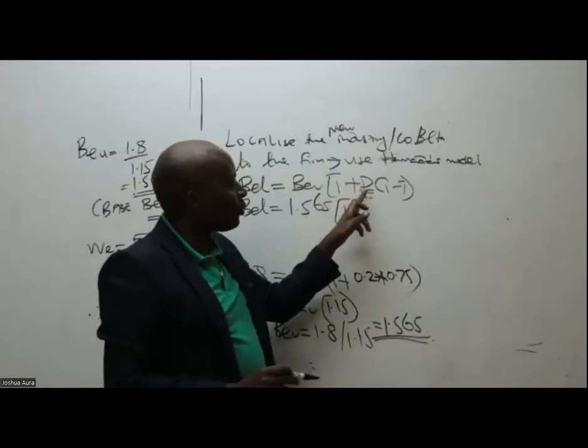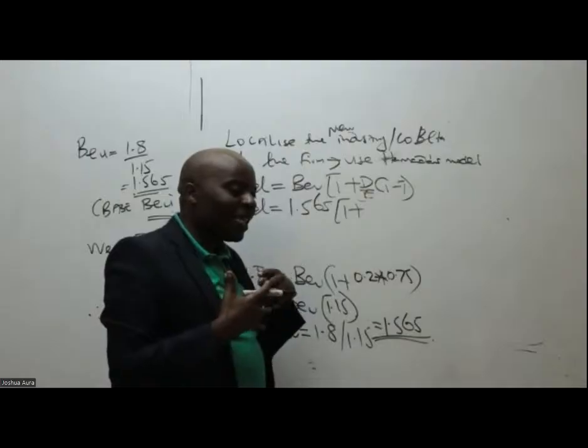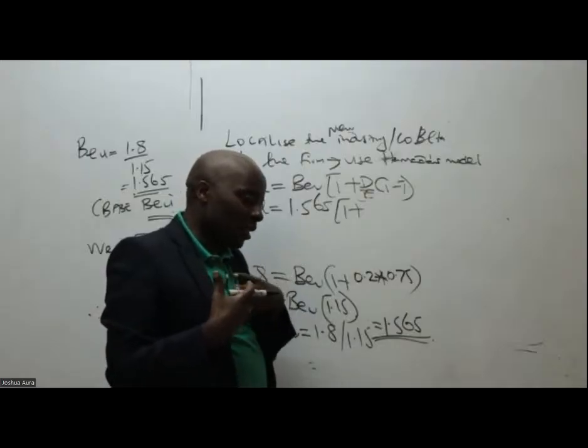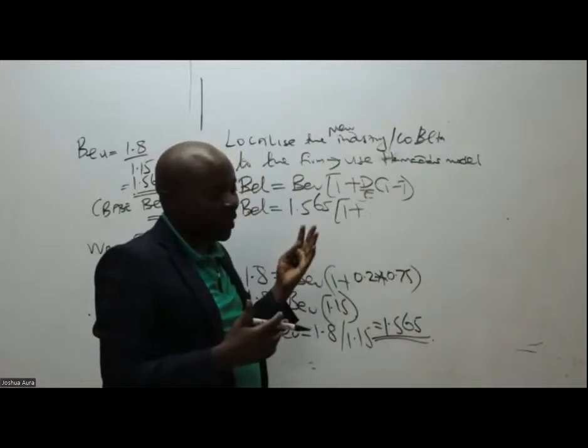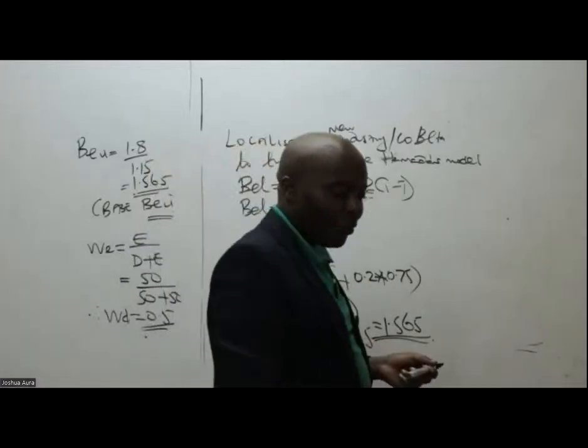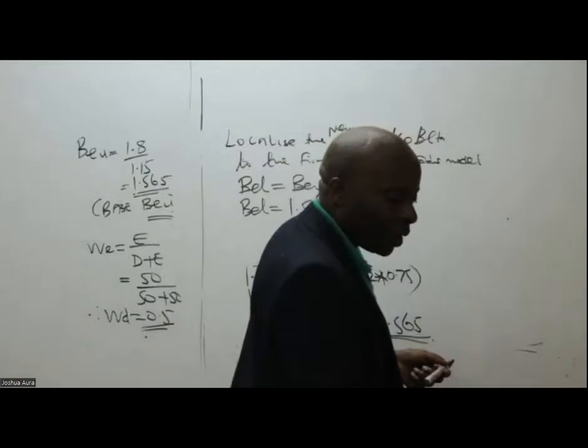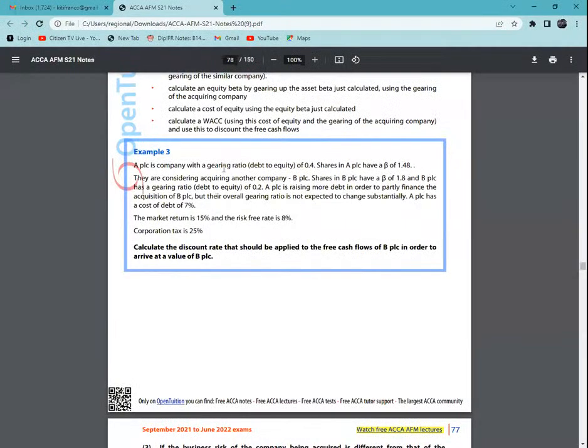The debt to equity ratio of the company to use, in most cases, is normally given in the question, like Roman 1, Roman 2, Roman 3. But here we don't have Roman 1, 2 or 3. Then I have to go back to the debt to equity of the company as it was given up there. We have here A PLC is a company with a gearing ratio of 0.4.